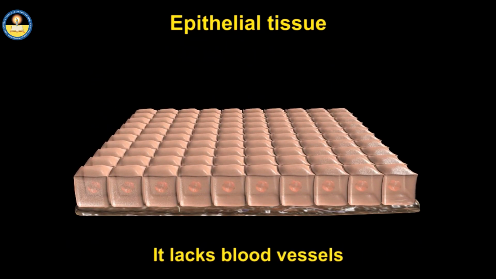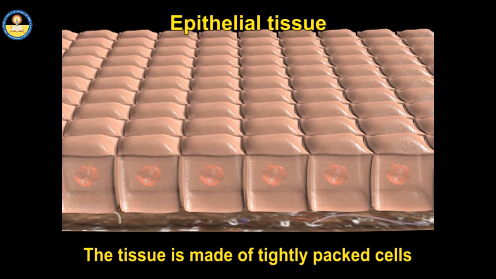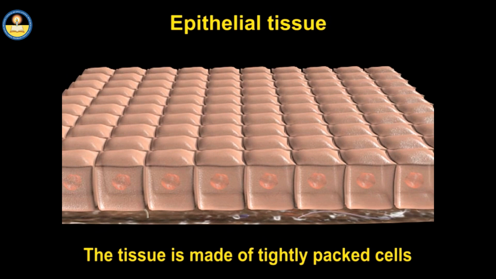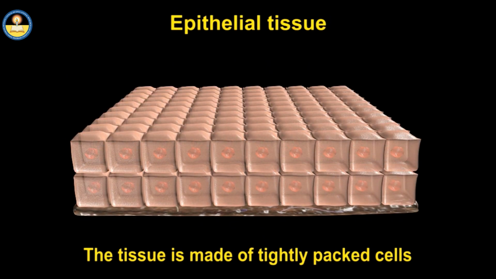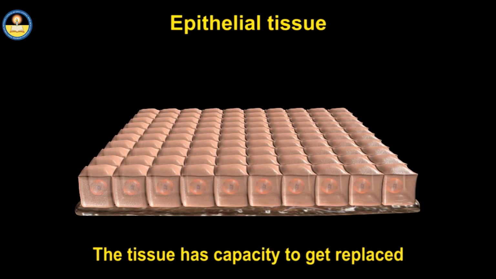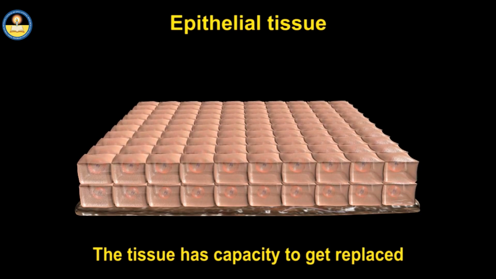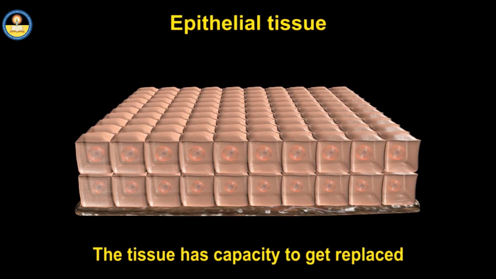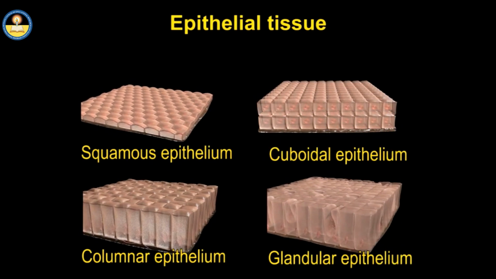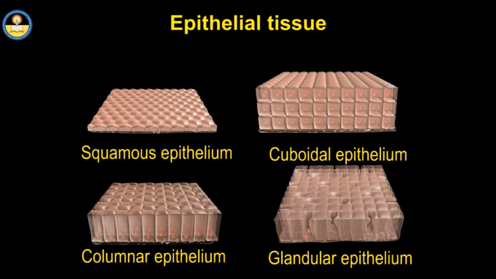The epithelial cells lack blood vessels, but they get food and oxygen through the basement membrane. It consists of compactly arranged cells which are arranged in one or more layers. The tissue has the capacity to get replaced by division of the basal layer of cells. Generally, they are classified into 4 categories based on the shape and type of the cells.